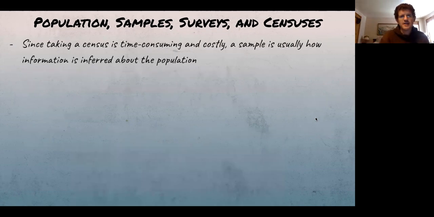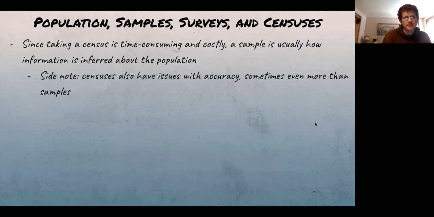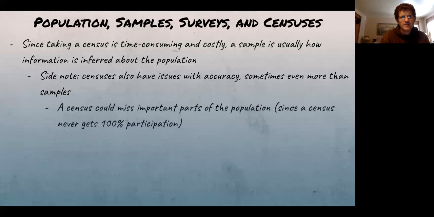Since taking a census is time consuming and costly, usually we get samples from the population, and there are also issues with censuses. Sometimes the census doesn't actually reach everyone. We get this false sense of accuracy.